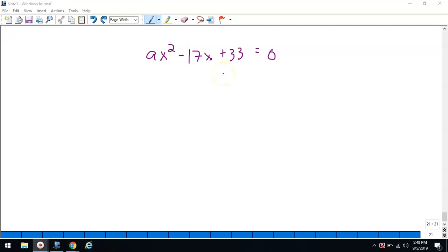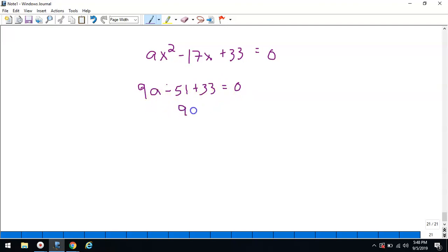So if I know 3 is a solution, I think I can figure out A, right? I don't know A, but I know that A times 9, because 3 squared is 9, so let's call that 9A, minus 17 times 3 is 51, plus 33. If that's a solution, then that's got to be equal to 0.